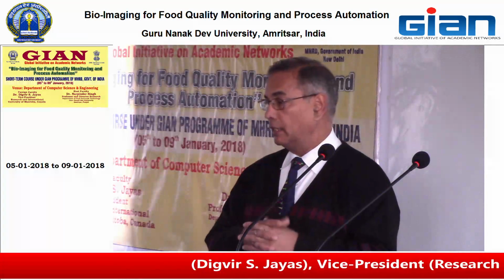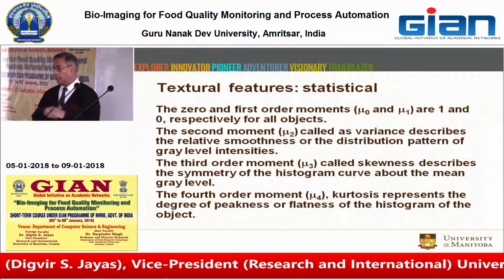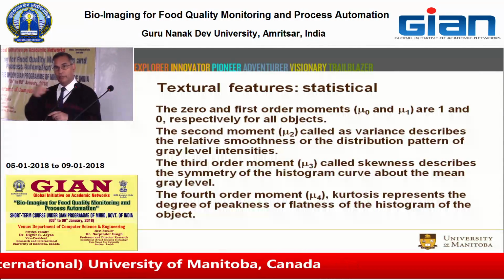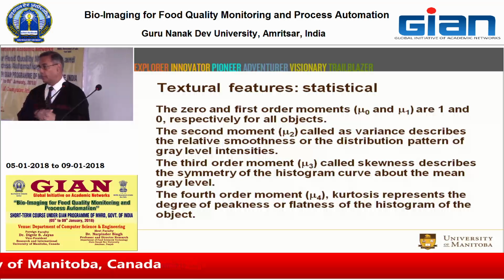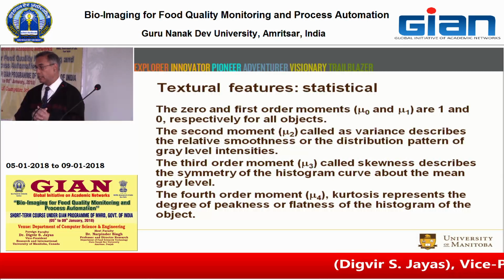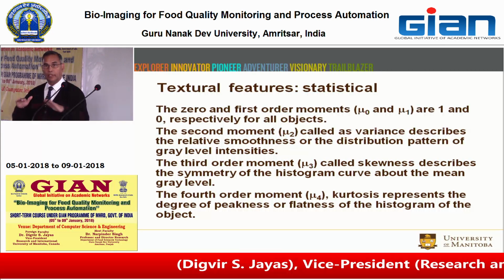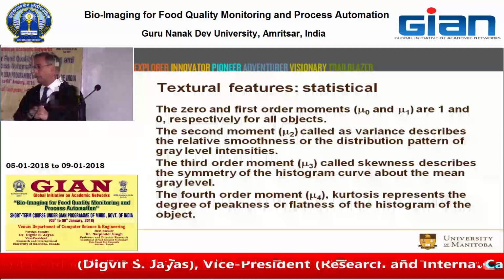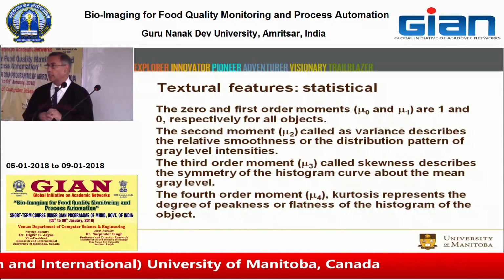So the nth order moment of the gray level histogram can be calculated from this simple equation. So the moments are one of the features you can access textually. The 0 and first order moments, which means mu0 and mu1, are 1 and 0 respectively for all objects.